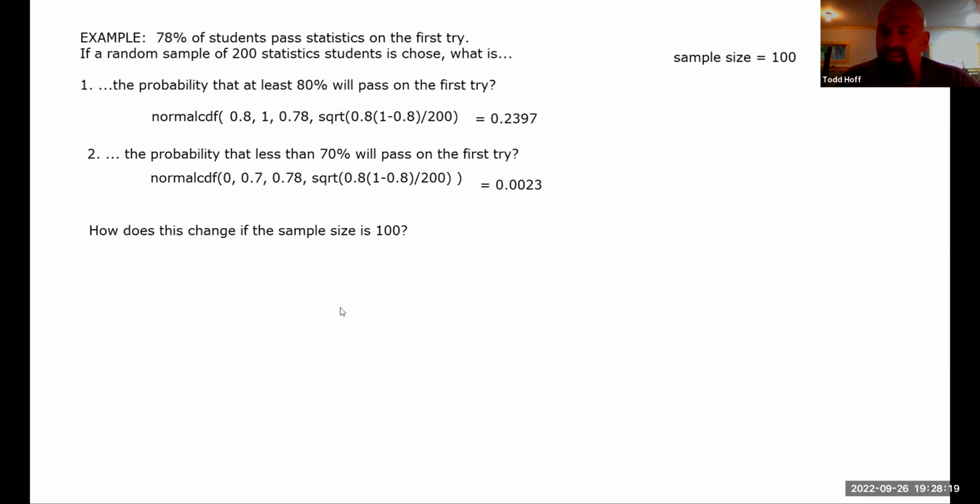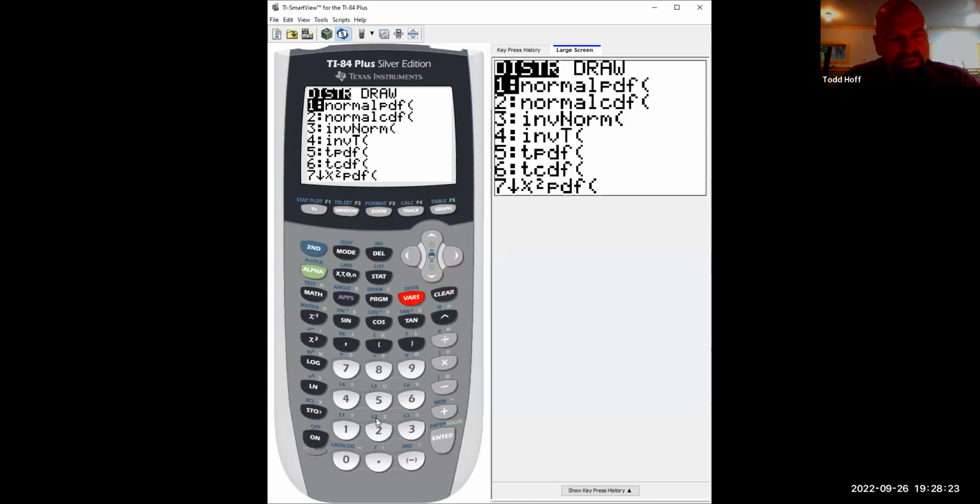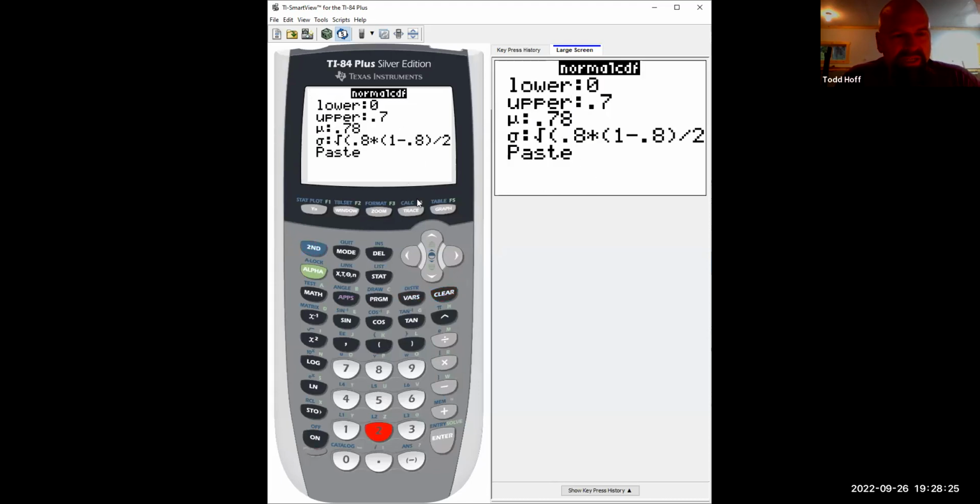So this is the less than 70%, but we're going to deal with a sample size of 100 instead of 200. So this is from 0 to 0.7, still with the mean of 0.78, but we're going to change this to a sample size of 100 instead of 200.